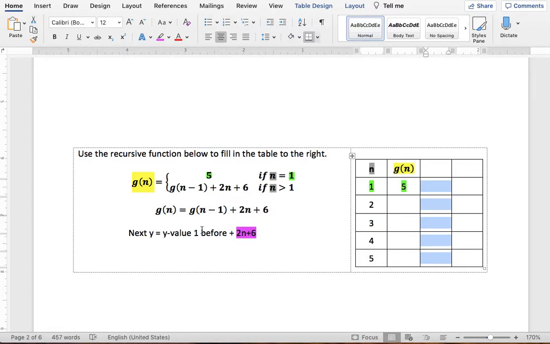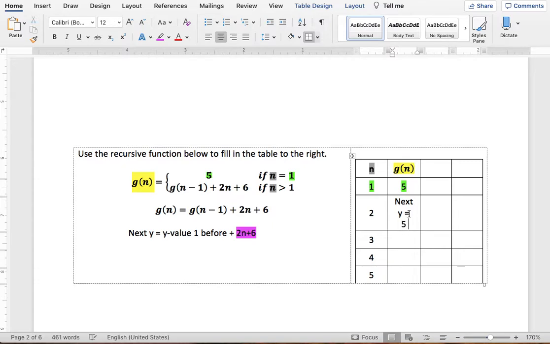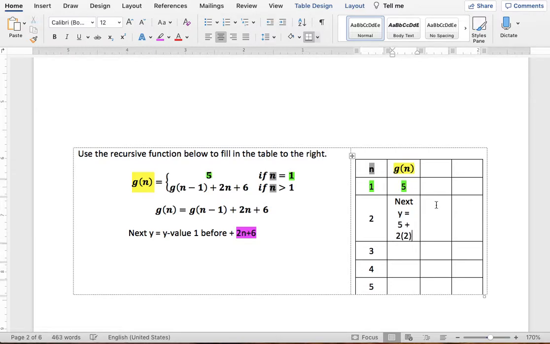Okay, so if this was our next y right here, I'd get my previous y, which is 5, plus 2n plus 6. Here our n is 2, so plus 2 times 2 plus 6.